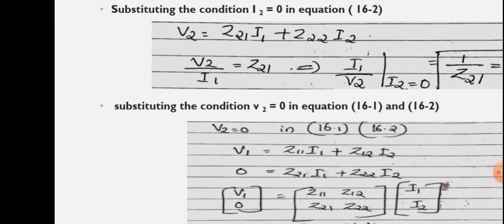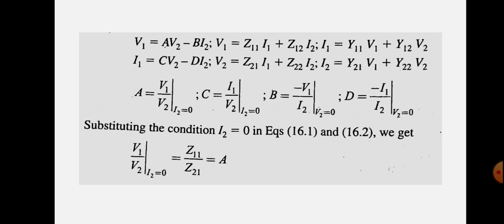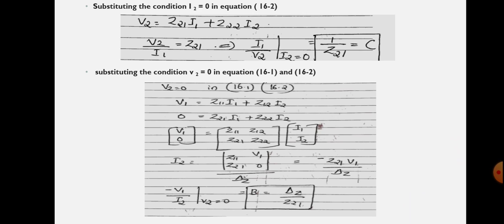So you can see what is B? B is minus V1 by I2. So instead of I2, you can substitute this value. When you are substituting for I2, you will get B will be equal to delta Z by Z21. That is simple substitution.